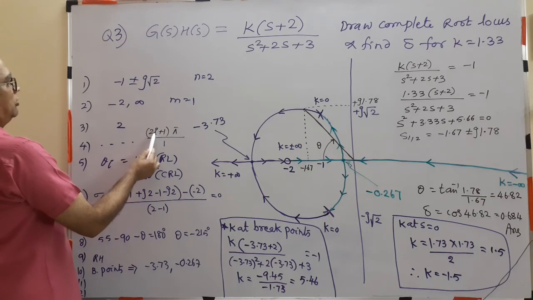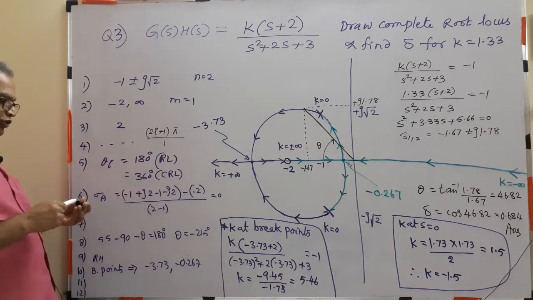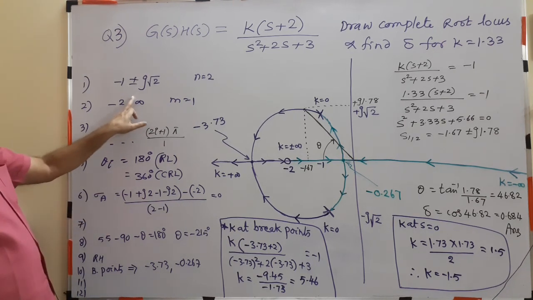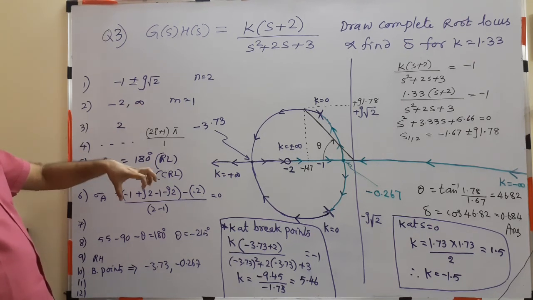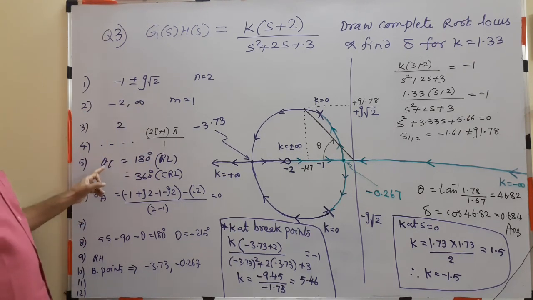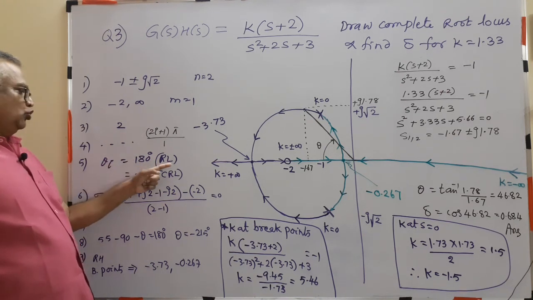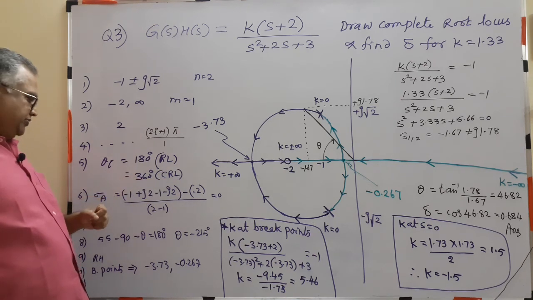If you take i equal to 1, 3 pi, which is above 360. And how many asymptotes are possible? Only 1. The number of infinites and the number of asymptotes are always equal. So one asymptote means one angle: 180 degrees for root locus, 360 degrees for complementary root locus.